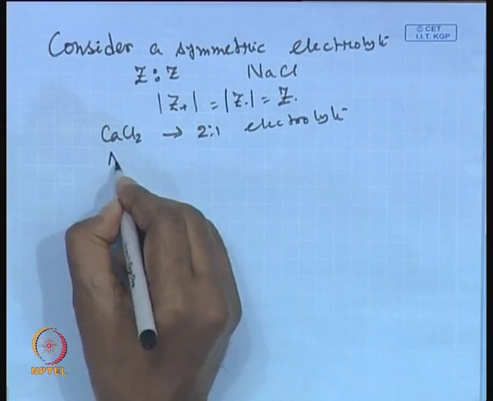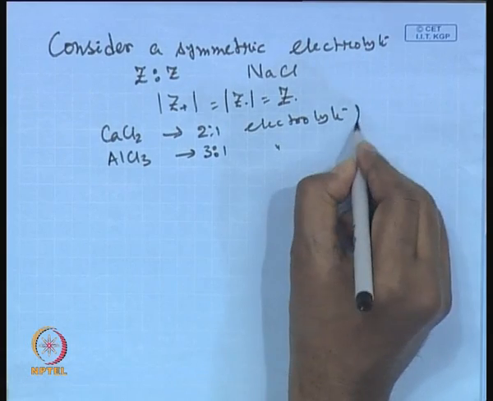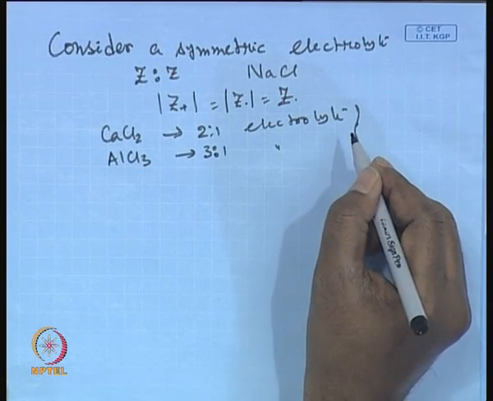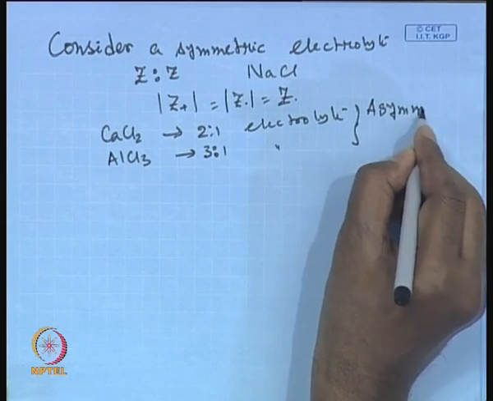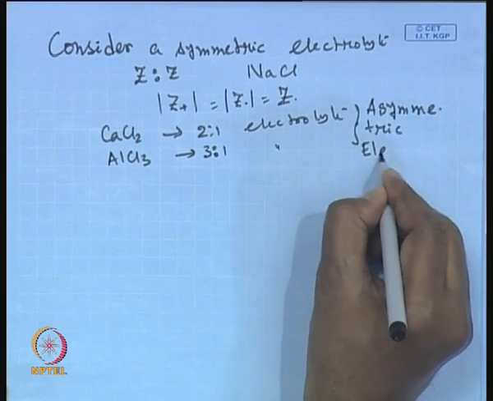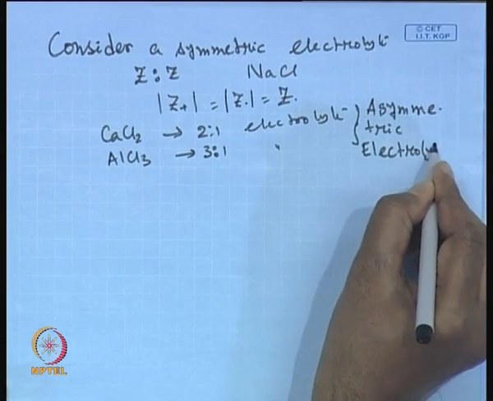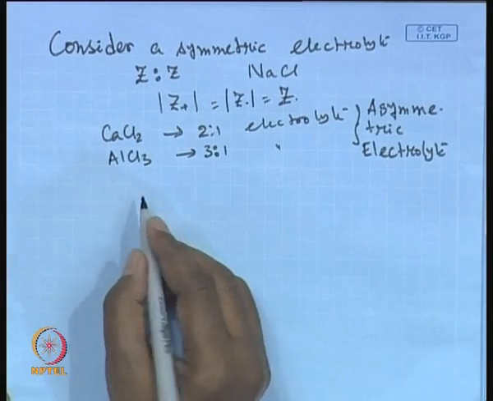If it is aluminum chloride, it is a 3:1 electrolyte, and these are called asymmetric electrolytes.